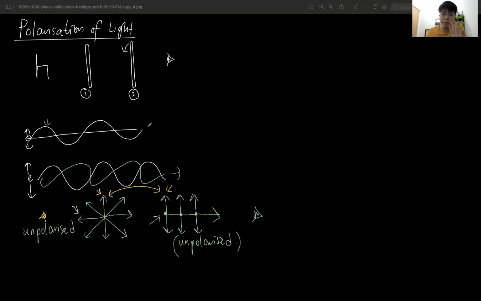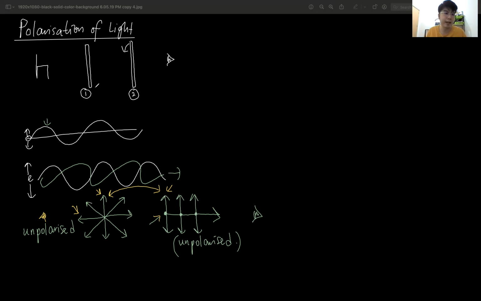So what happens when the horizontal vibration passes through the tourmaline crystal? Can it pass through? It cannot, because the opening is vertical like this. The horizontal comes here and it is blocked. The diagonal comes here, it is blocked. Like this also, it is blocked. Only the vertical vibration can pass through.